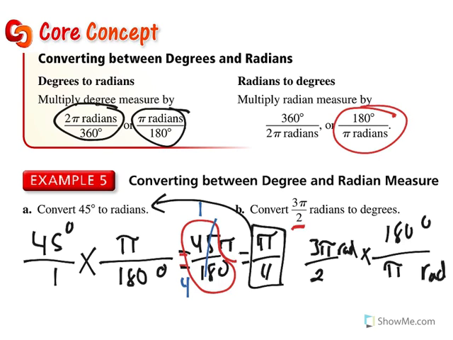Okay, so when I do this, my radians cancels out, and so I'm going to be left in degrees when I finish this. If you notice, my pi's cancel, and so all I have to do is just multiply across now. So I'm going to have 3 times 180 over 2, and so when I multiply that out, I end up getting 270 degrees.